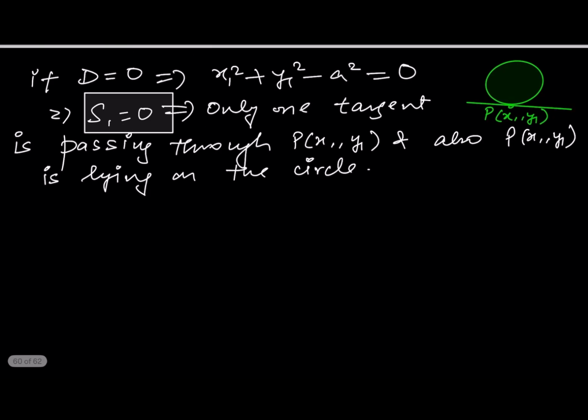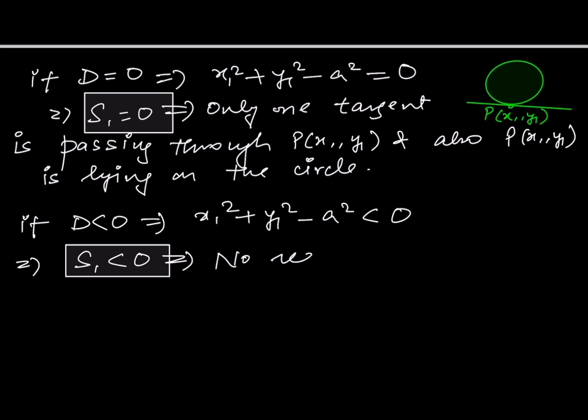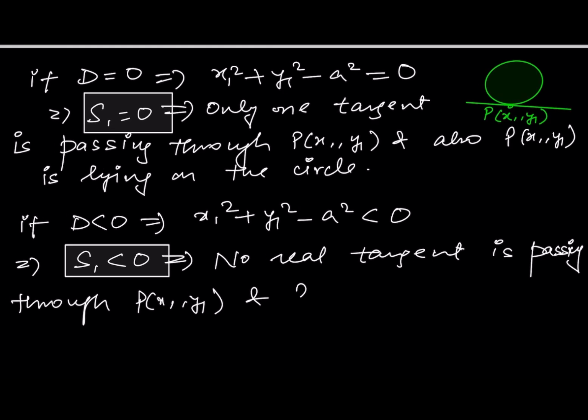And if D is less than 0, it implies x1 square + y1 square - a square is less than 0, or S1 less than 0. It implies no real tangent is passing through P (x1, y1), and in this case P is lying inside the circle.